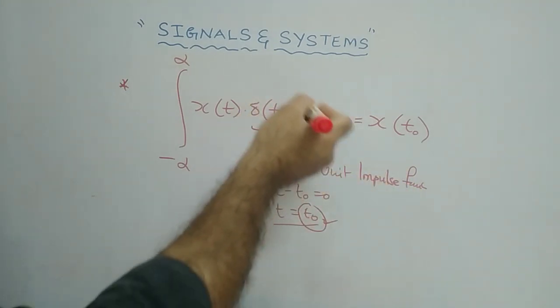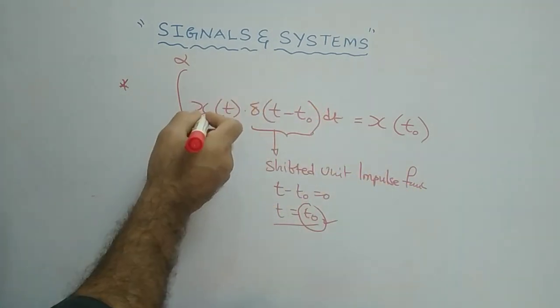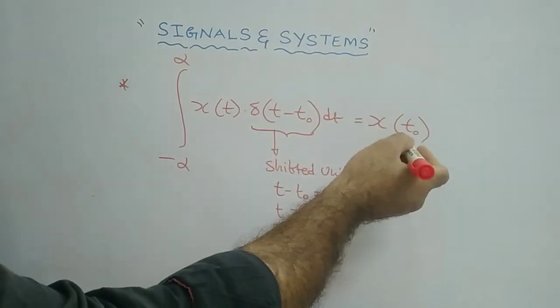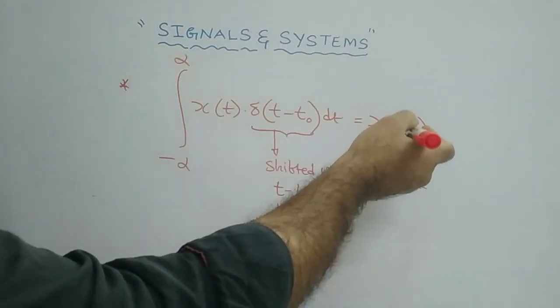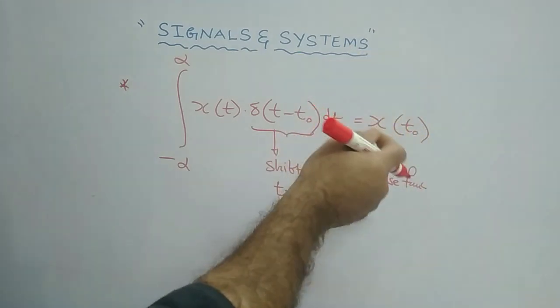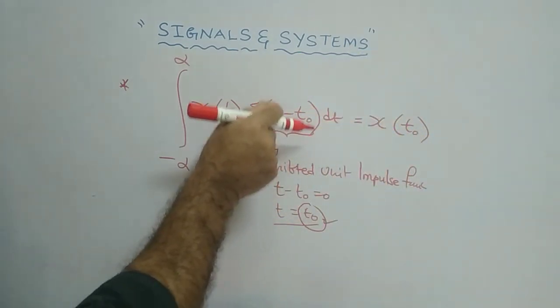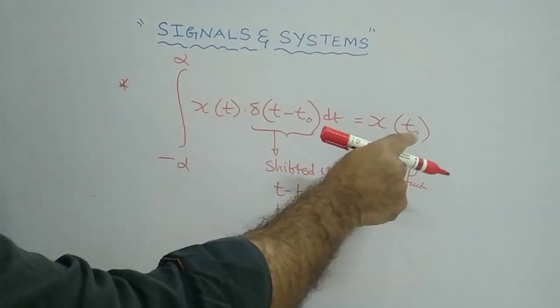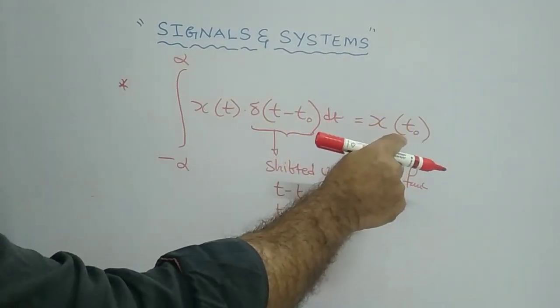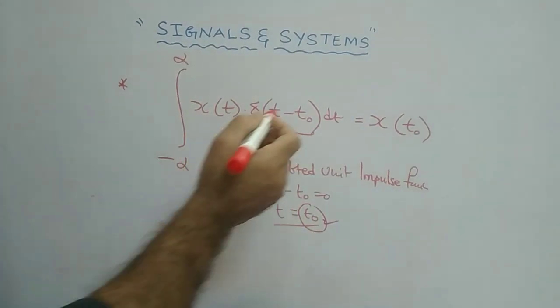Therefore, if the shifted unit impulse function is multiplied with x of t, then definitely you should get your actual input signal itself, and in that signal, instead of t, you must substitute the amount of shift. What is the shifted value?